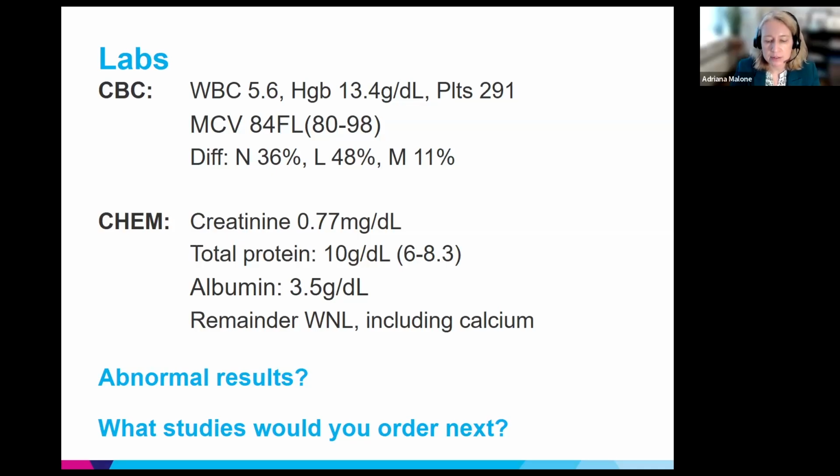This could include dehydration, infection, including HIV, chronic inflammation, or potentially a plasma cell dyscrasia, including amyloid, multiple myeloma, or MGUS. So in order to further evaluate the patient, what studies would you order next?